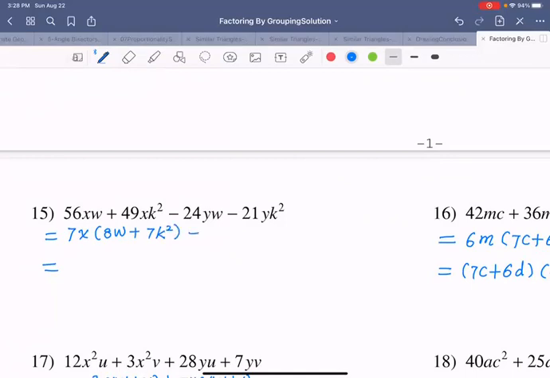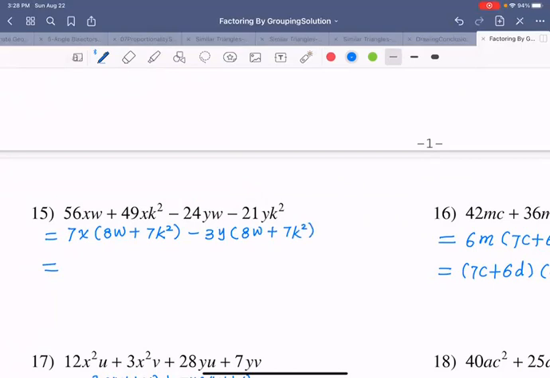Minus 24 and 21. What's the common factor? 3. That's right. And then y, correct? Put parentheses. What do we put over here? 8w minus 7, plus.